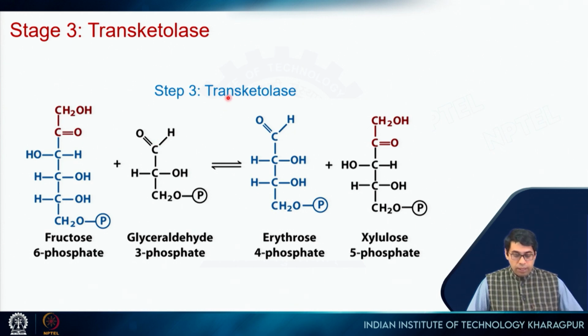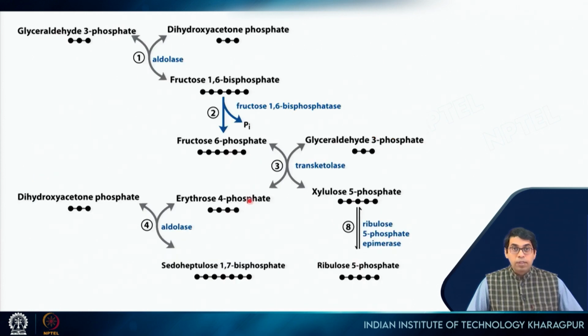What transketolase does is it will take these 2 carbons and put them here. So now we have a 4 carbon sugar erythrose and a 5 carbon sugar xylulose.